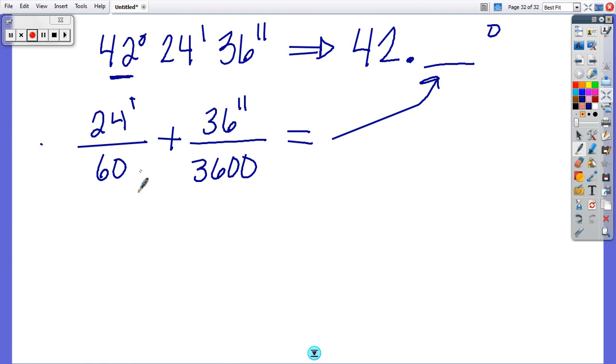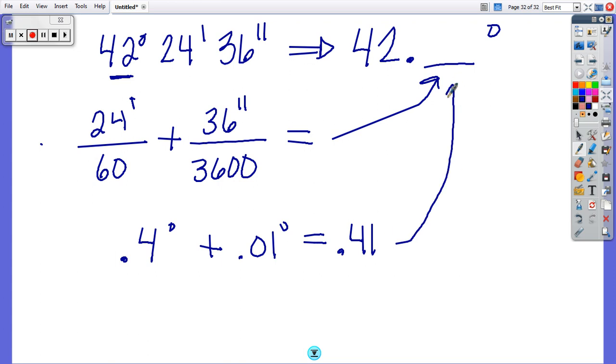So, when I add this together and I multiply out or divide out, I get 0.4 degrees plus 0.01 degrees equals 0.41. And so now I'm just going to take that 41 and put it as my decimal. My final answer then is going to be 42.41 degrees.